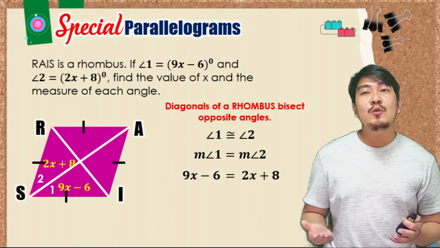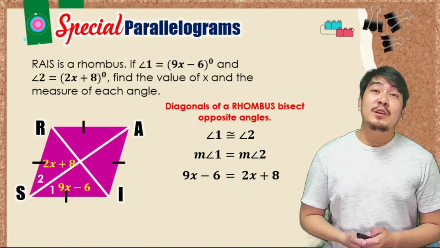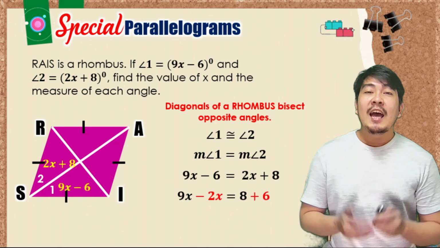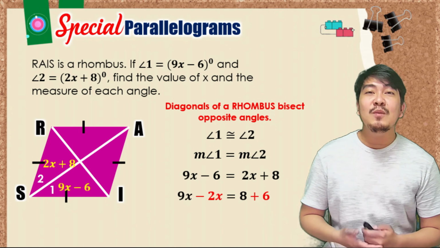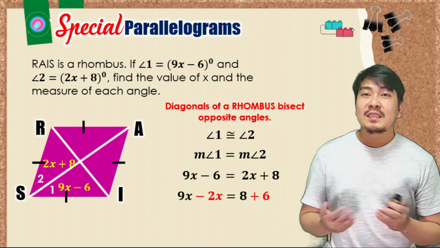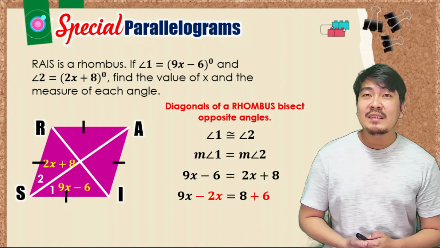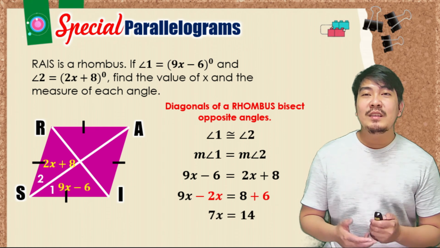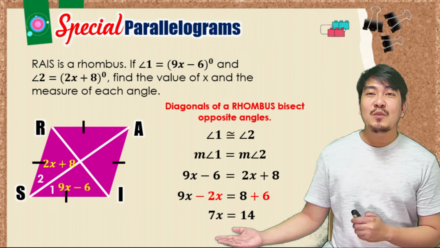If we are going to apply addition property of equality or just transpose the terms, we will obtain 9x minus 2x is equal to 8 plus 6. Simplifying, 9x minus 2x is 7x, and then 8 plus 6, that will be 14. 7x is equal to 14.